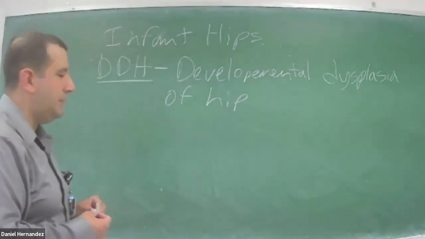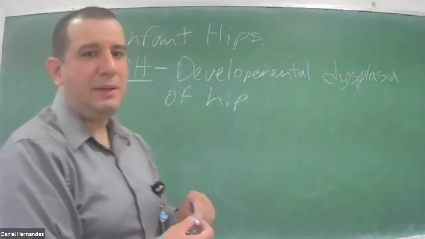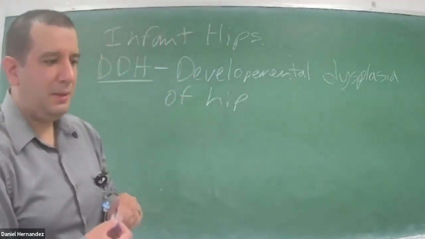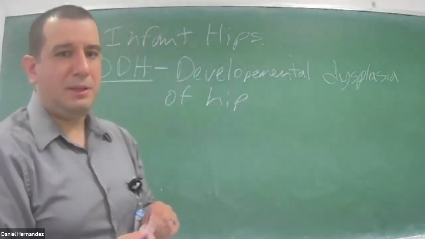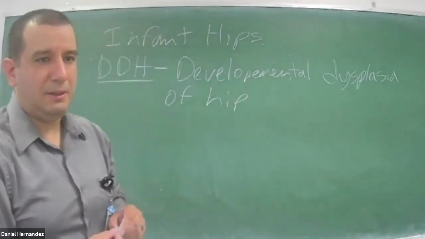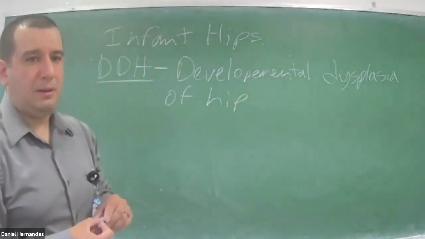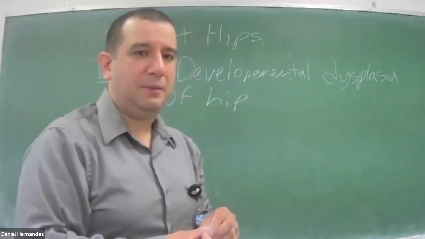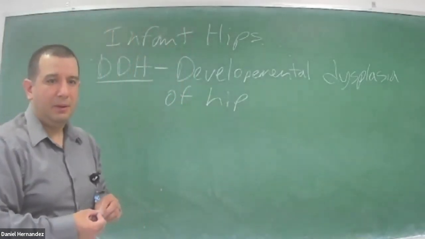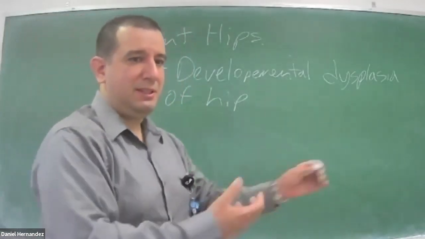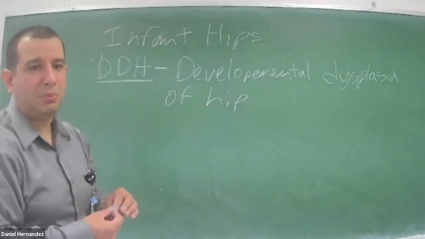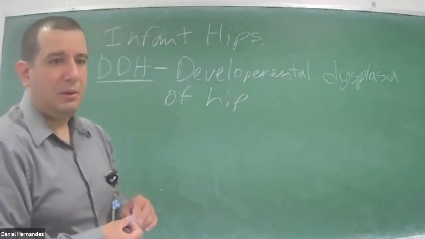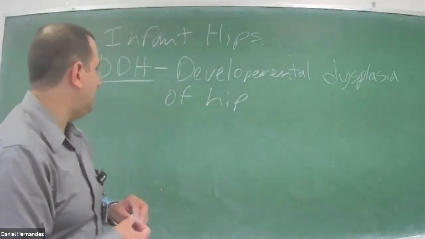It could just be a hip that's not sitting properly within the pelvis, within the hip joint. It could be a dysplastic or malformed femoral head or hip. That could be a hip that's able to dislocate and then return back to its proper location. Or it could be a hip that is actually fully dislocated.